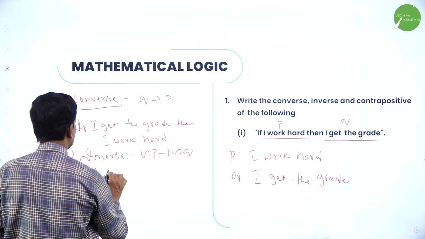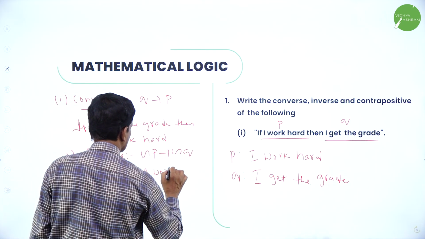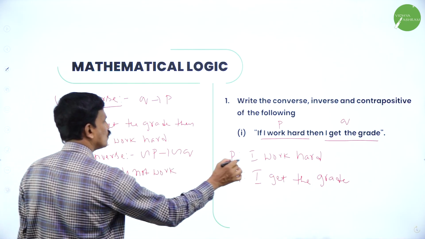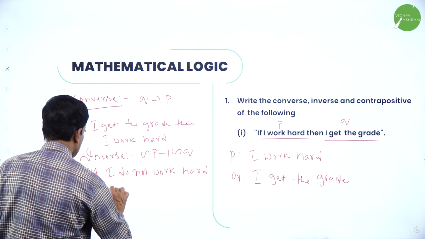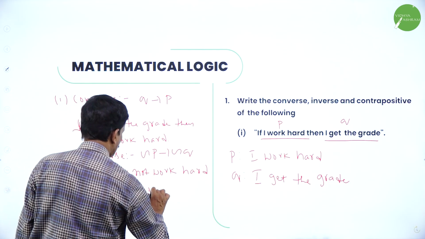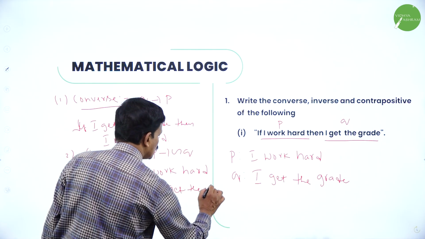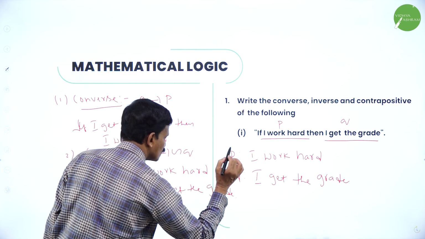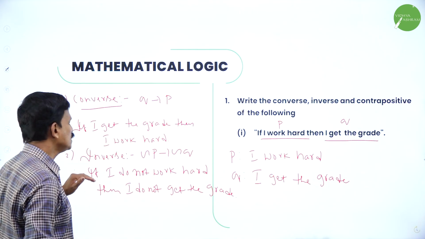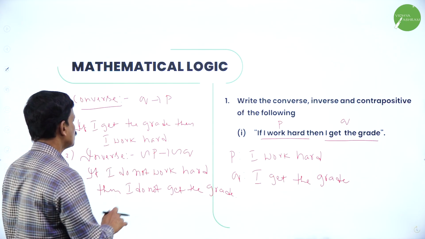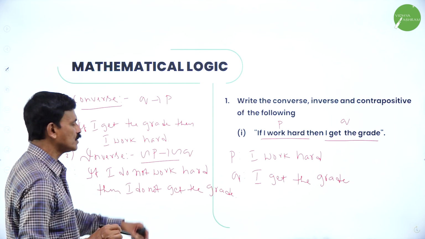If I do not work hard, then I do not get the grade. That's it. So the converse is, if I get the grade, then I work hard. The inverse is negation P conditional to negation Q, that is nothing but, if I do not work hard, then I do not get the grade.